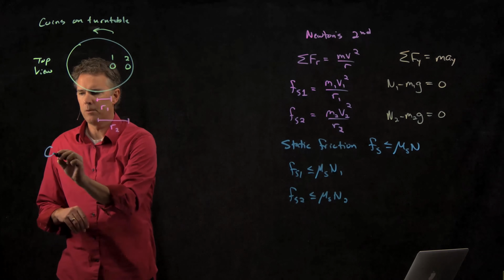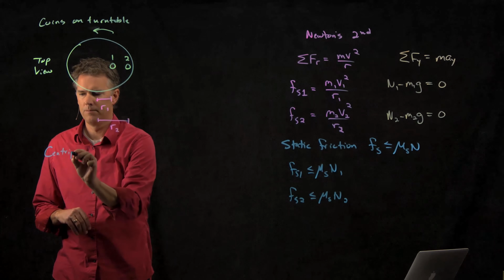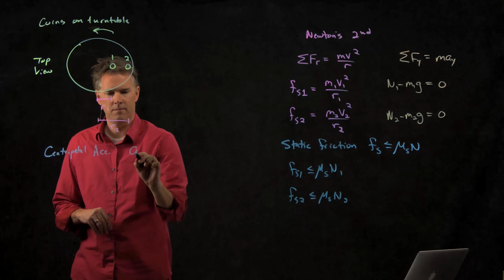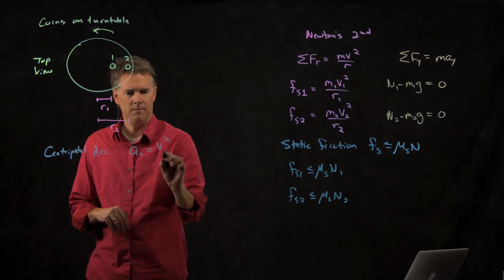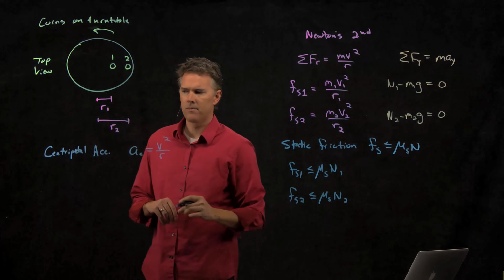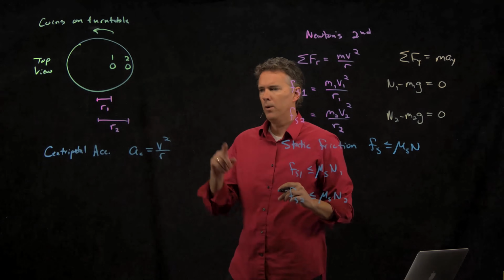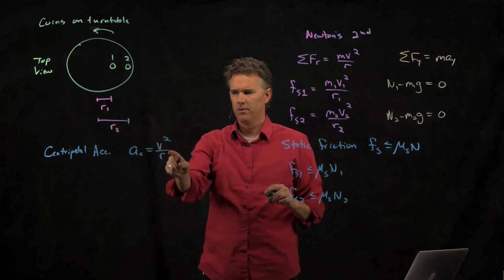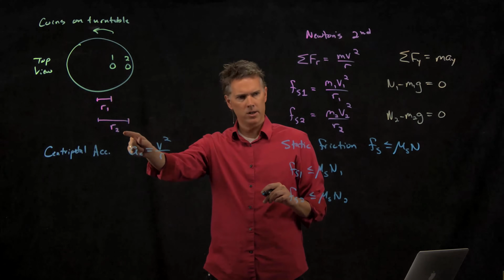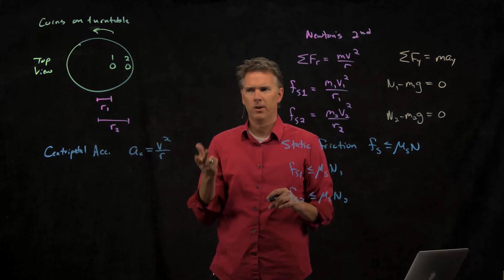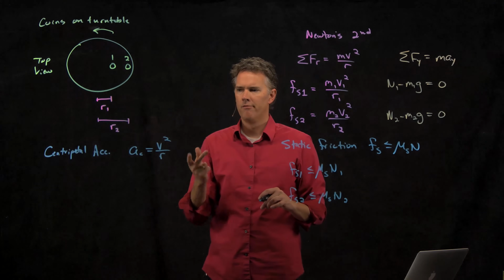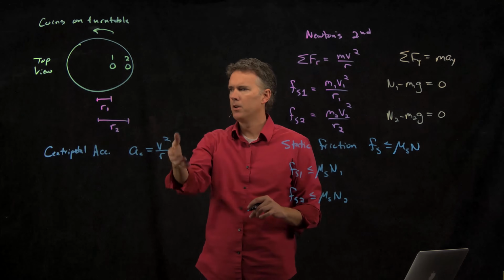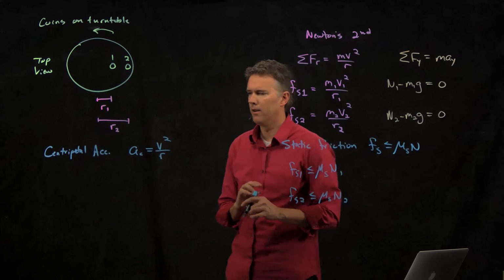It is v squared over r. But we don't know exactly what v is for coin 1 or 2, and we have some idea what r is. How are we going to relate these two, right? V is certainly different for coin 1 and 2. R is certainly different, but we don't know which one is going to win.